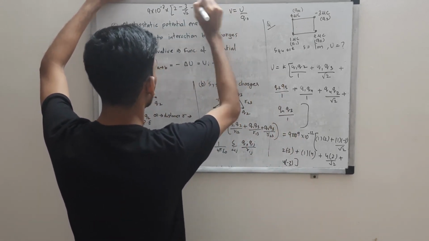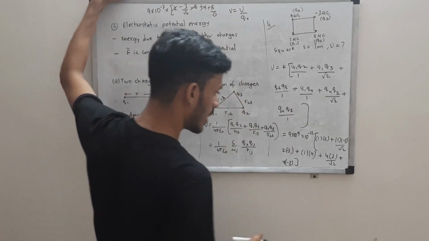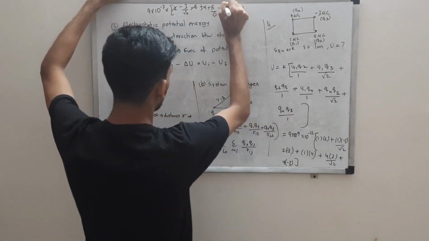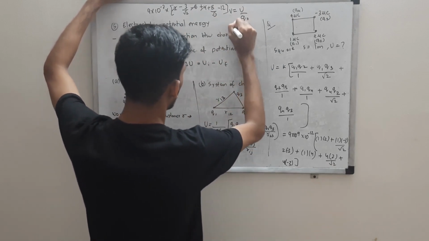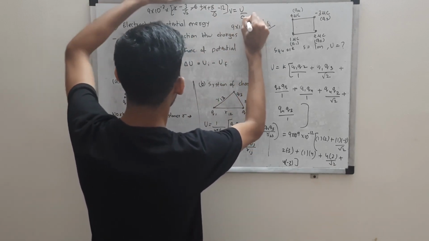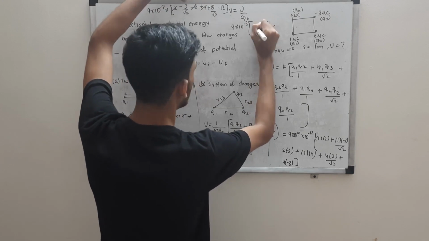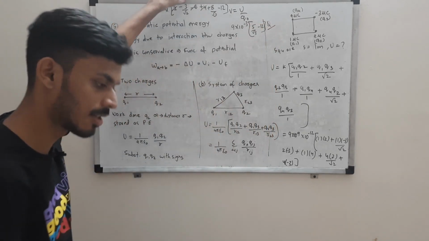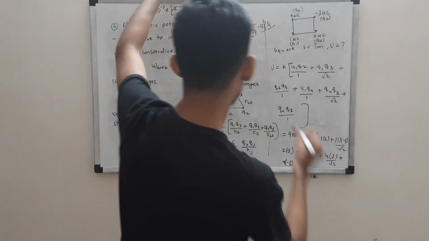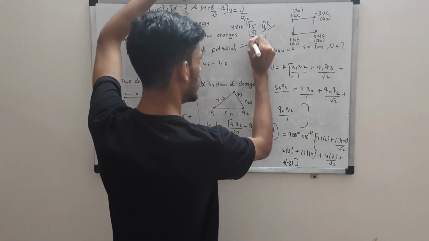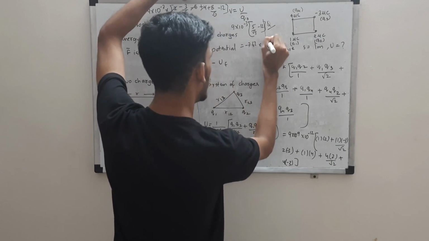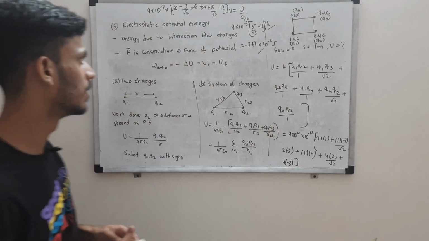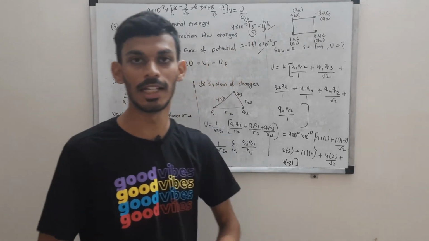I think this will cancel, 4 plus 2 is 6 and minus 6 cancels, and finally we have 9 into 10 to the power minus 3, and this will be 8 minus 3, 5 by root 2, minus 12. Some negative answer you will get. I think it's minus 7.62 into 10 to the power minus 2 joules. You can confirm that. So that is about your electrostatic potential energy.